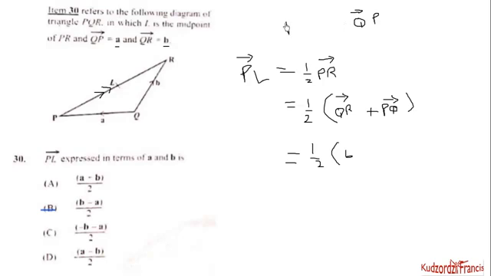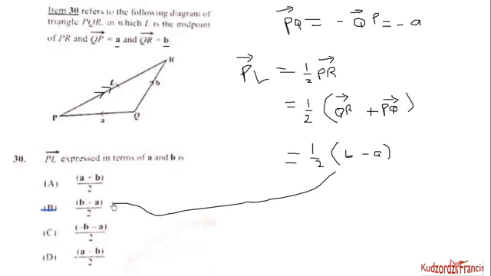So vector PQ that we got here is equal to the negative of this, which is equal to negative A. So we plug in negative A here, and this is the same as this. So the answer is correct. This answer B is the correct choice.